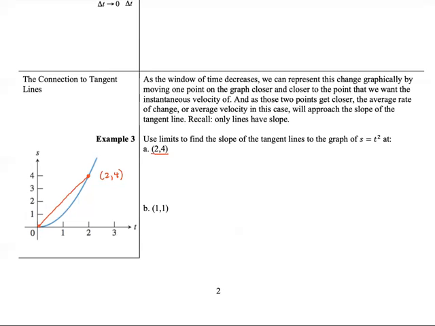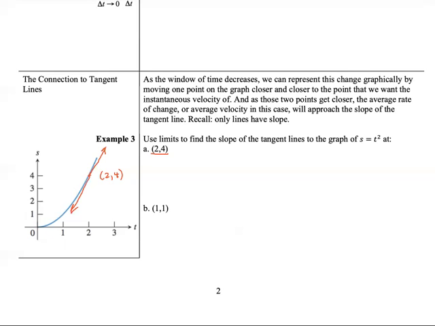If I get closer, as the point gets closer, my approximation will also get closer. So we're looking at the limit as those points get closer and closer and closer. And eventually, those points will be so close that there's practically no space between them. And that's when we will find our slope of the tangent.